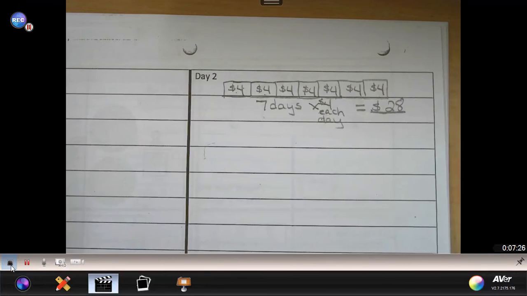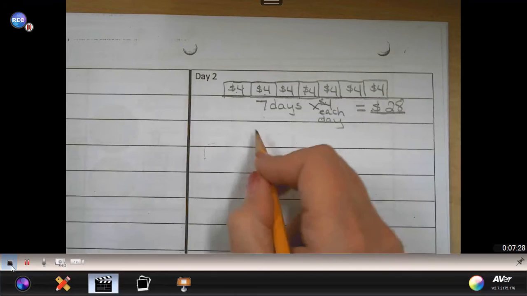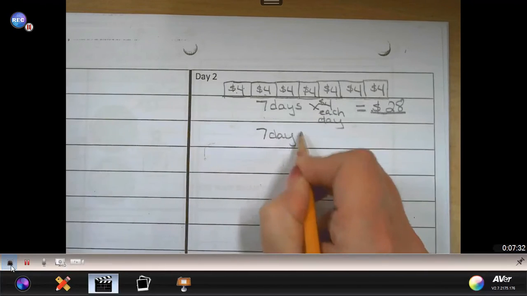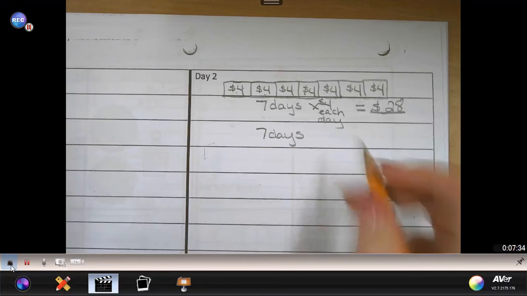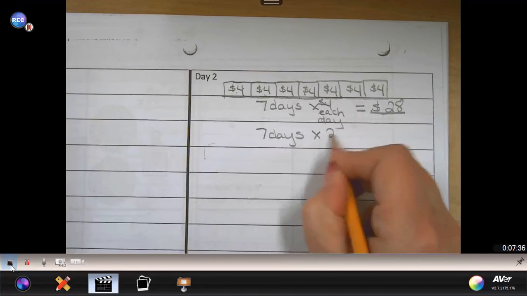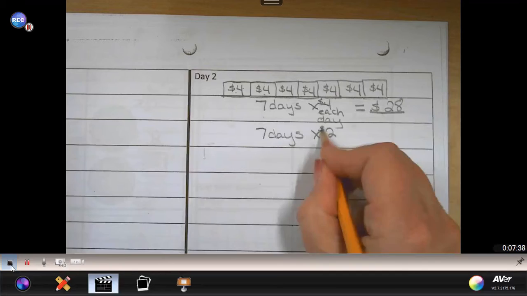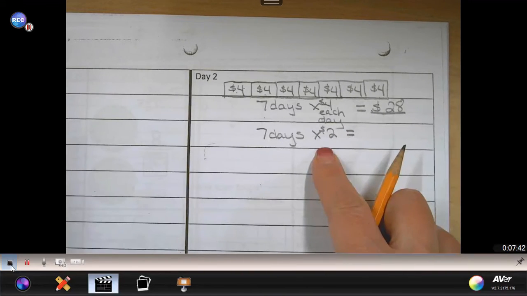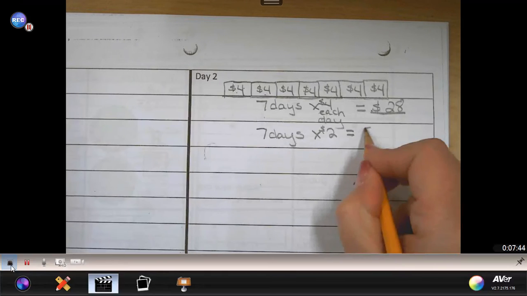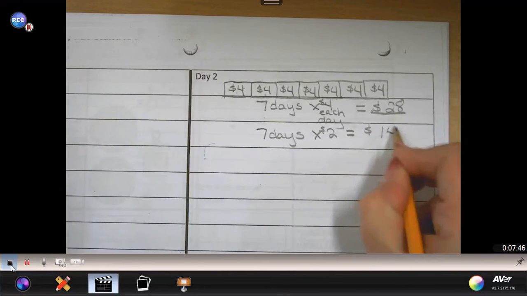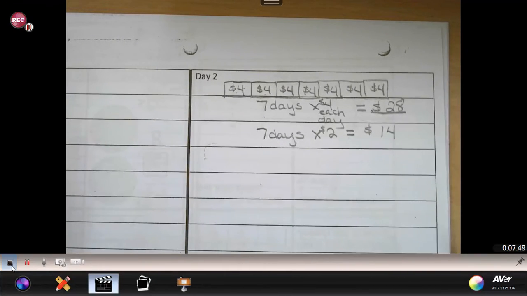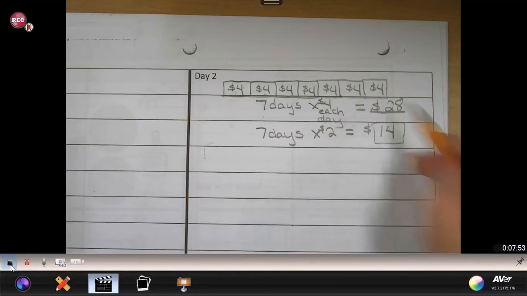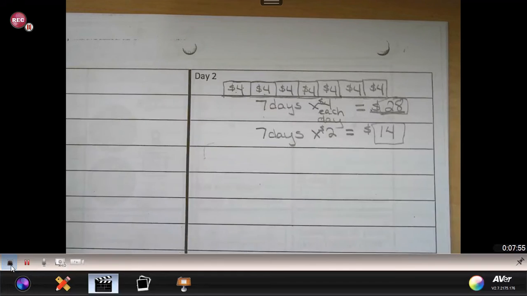But we also know that mom takes out $2 every day. So during these 7 days, she's also taking away $2. And what's 7 groups of 2? Well, 7 times 2 is 14. So basically, we're going to take these $14 and subtract it from that total.